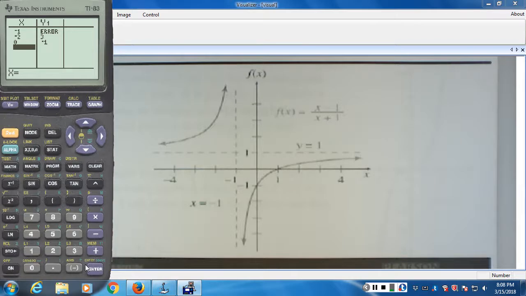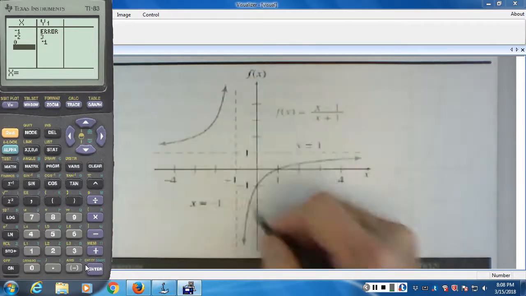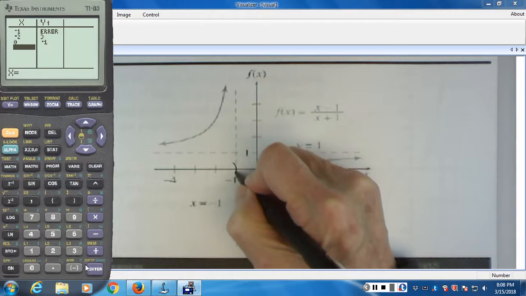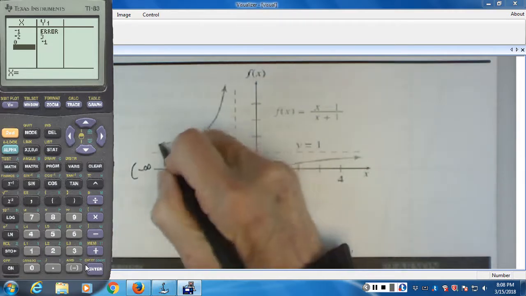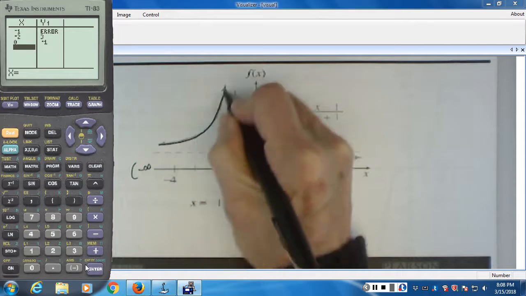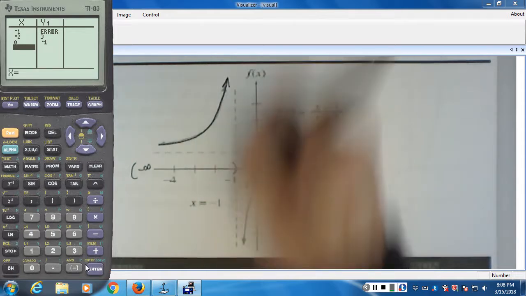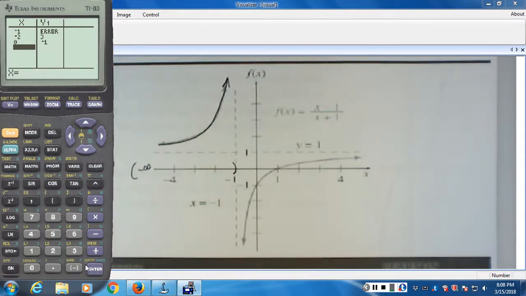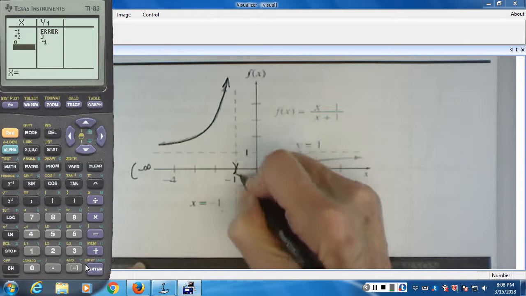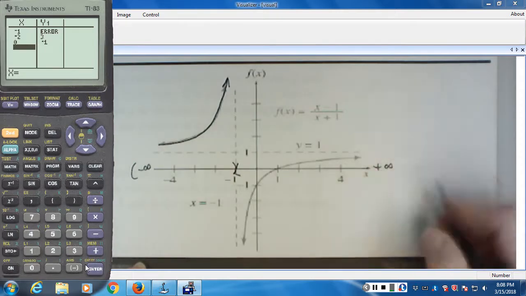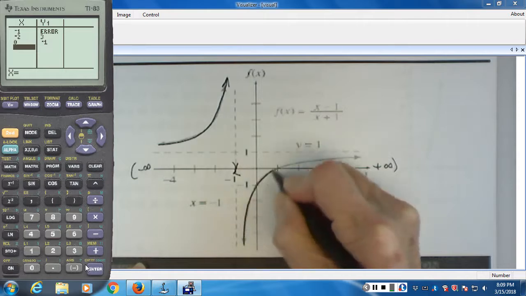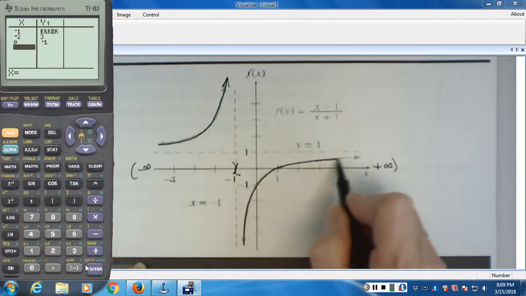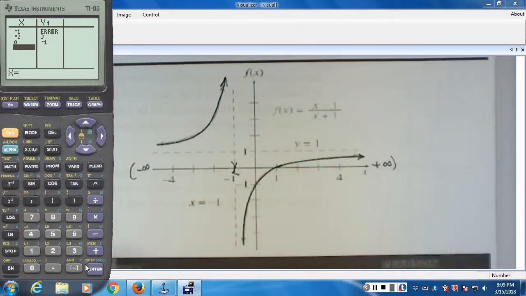But we see that on the interval from negative infinity to negative 1, it is in fact increasing because it's trying to approach negative 1. And then on the interval from negative 1 to positive infinity, we would see that it is in fact increasing. It's doing exactly what we thought it would do.